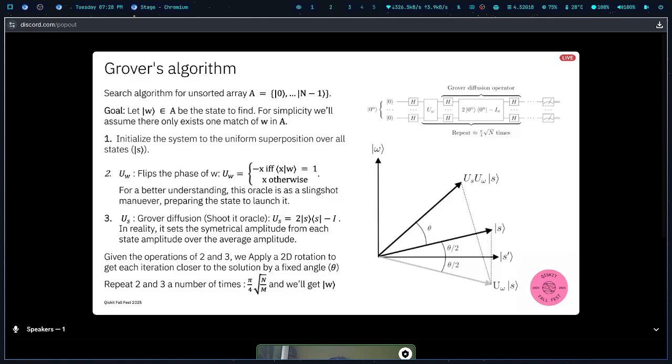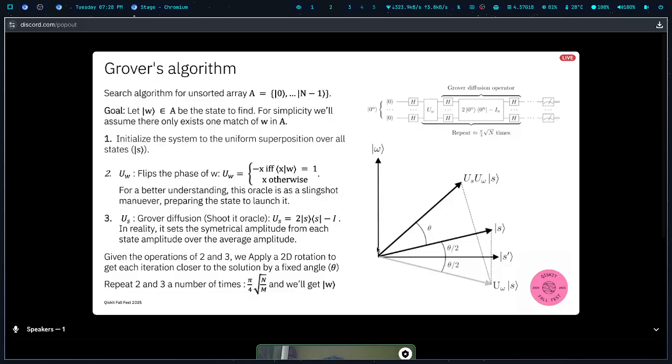We have two operations: we have to load and we have to shoot. To load, we flip the phase. Think about the sphere that we have. The idea is to flip the amplitude if it matches W, and if not, it stays the same.